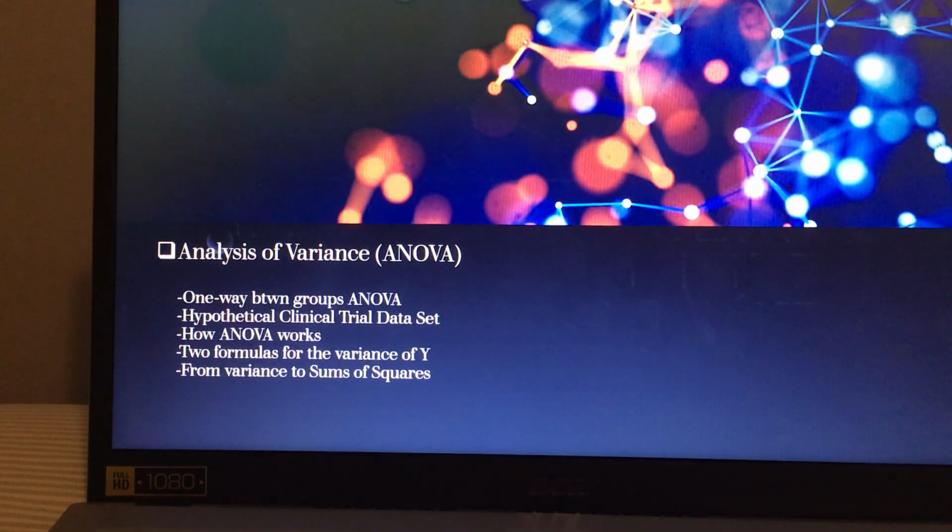A concrete example might be useful here. So let's consider this table in which we have a total of n equals 5. So we have n equals 5 people sorted into G equals 2 groups.